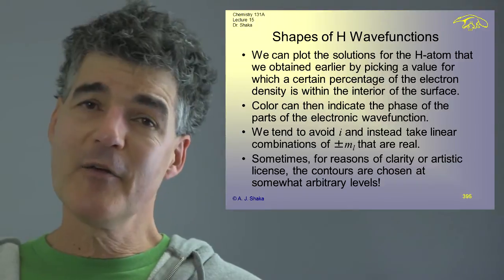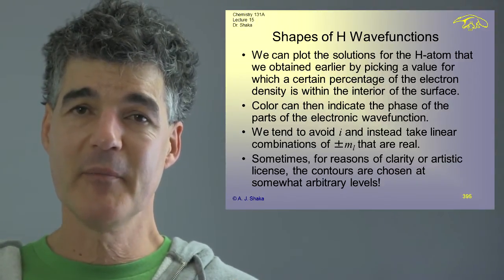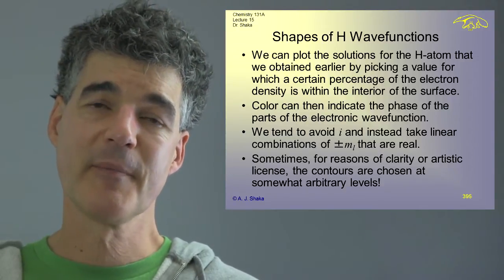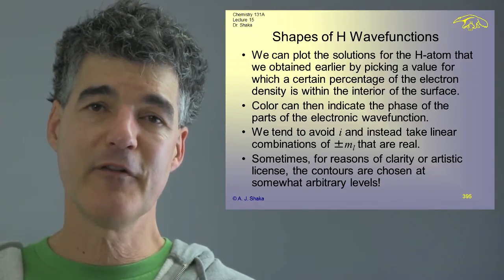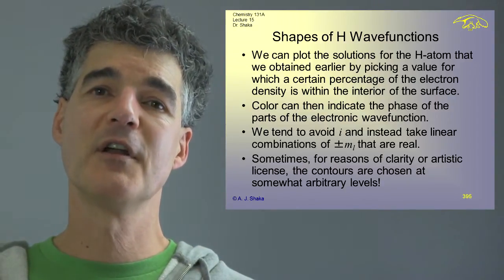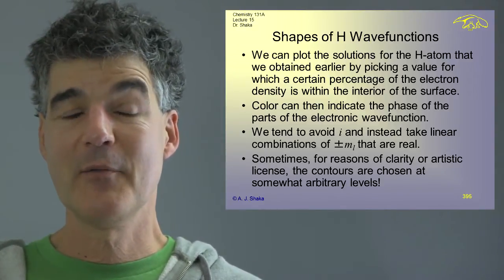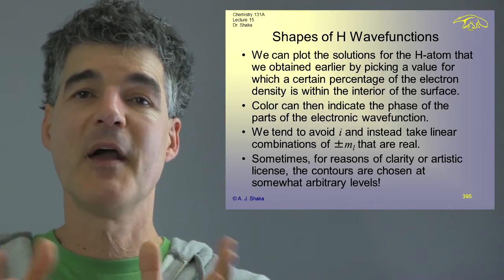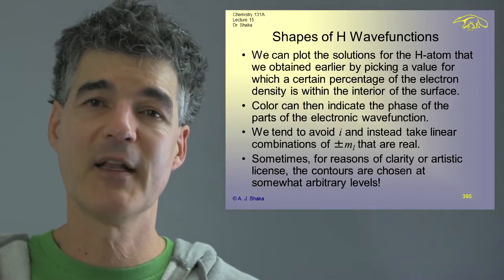The thing is, we tend to avoid using the true eigenstates for the hydrogen atom, and the reason why, which I referred to in a previous lecture, is that if we include l, and we've got e to the im phi going around, then it's difficult to figure out what you're going to plot, because it's much easier to say, well, I'm going to plot that surface where this number is equal to 0.9 or something like that.